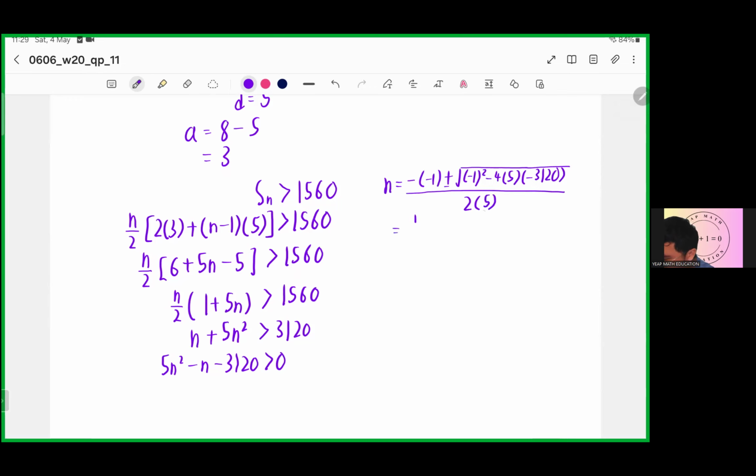So we get negative 1 plus minus 10 times the square root of 62,401 over 10.